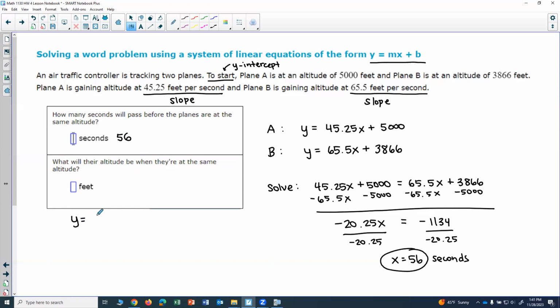Go ahead and plug in 56. So y equals 45.25 times 56 plus 5,000. Or I could plug it into the second one. Y equals 65.5 times 56 plus 3,866. I should come up with the same altitude for the two planes.